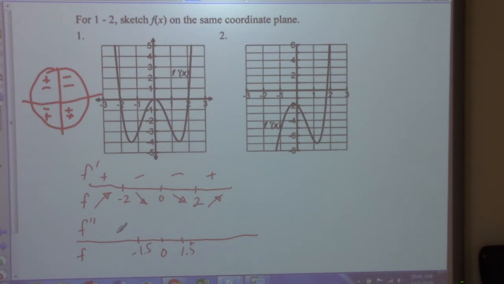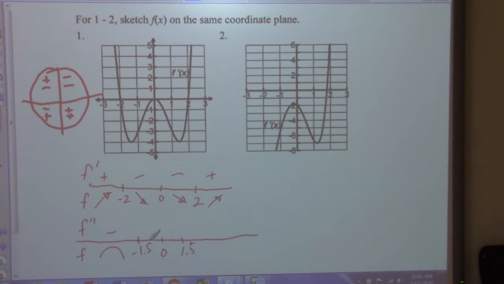But, okay, and so now, what is this going to be between negative infinity and negative 1.5? Remember, we have decreasing, so we know this thing is going to go down. It'll be concave down.